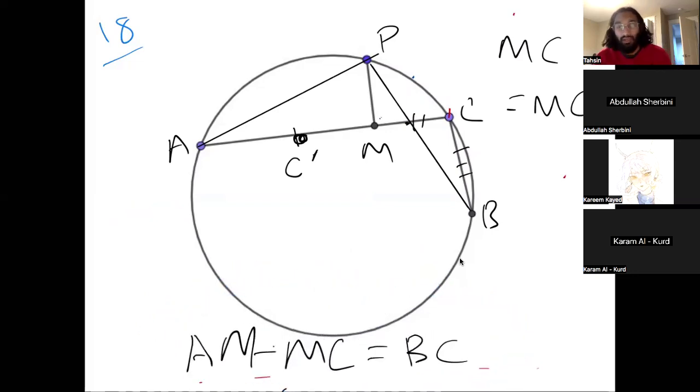So you want AM minus MC is BC. But now we put a new point, C prime, which MC and MC prime are equal. So what are we trying to show now? That AC prime equals BC. Good, so that's the new idea, right? So we want AC prime and BC, these guys.